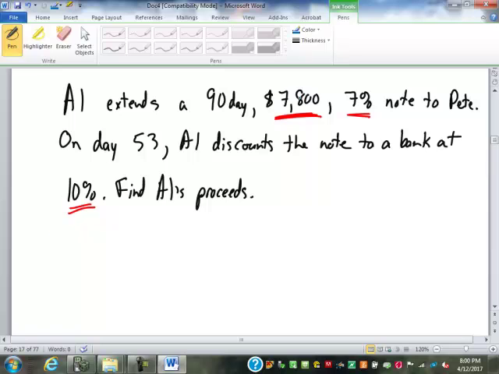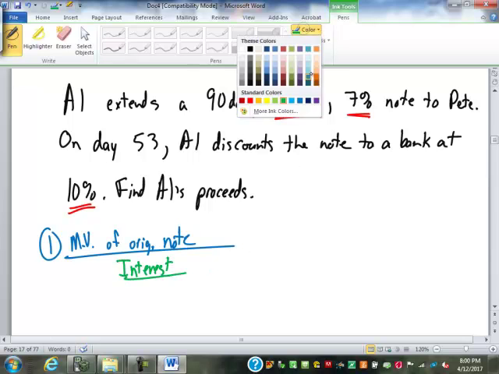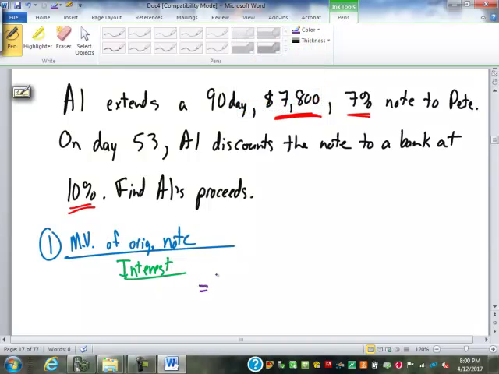Step 1. Maturity value of the original note. Tell me what to do to find it. $7,800 times 0.07 times 90 divided by 360.